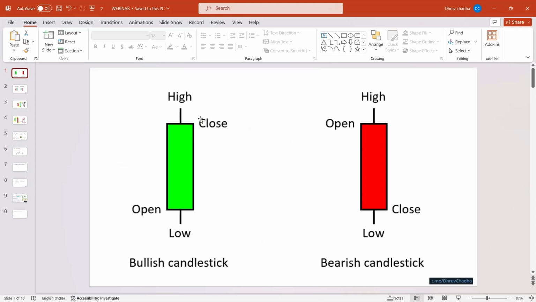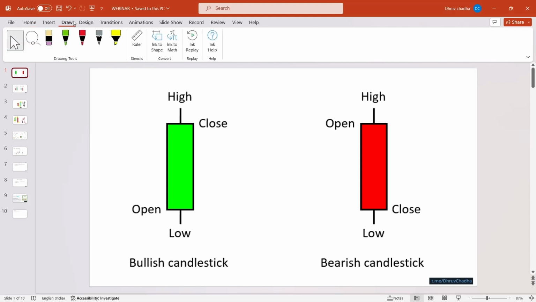Okay, so this is the first slide, and I know this is very basic. You all know that a bullish candlestick simply has an open, a low, a high, and a close. This is how a bullish candlestick forms, and it is vice versa for the sell candlestick. So this is how it looks on OHLC.